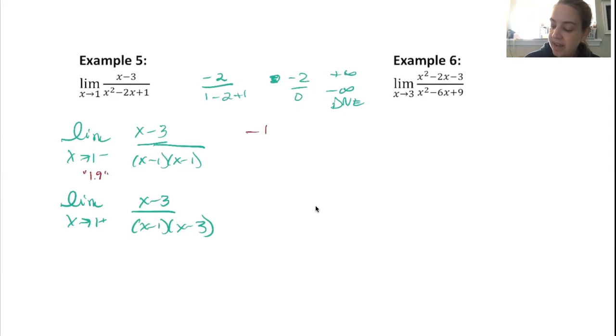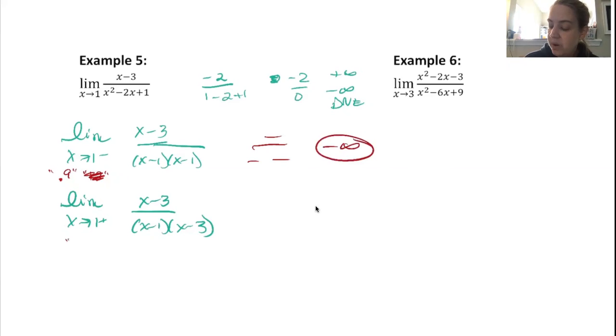Nope, not 1.9. How about just 0.9? The numerator is a negative. The denominator is a negative times a negative. So overall, the numerator is a negative. At the bottom, the denominator is a positive. This would be negative infinity, the overall sign.